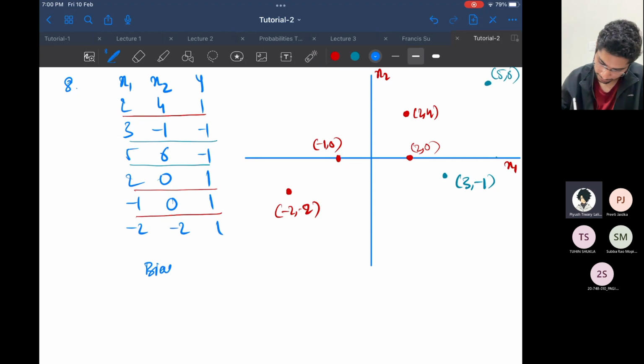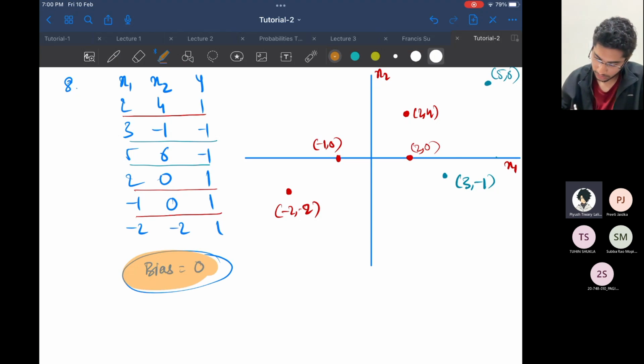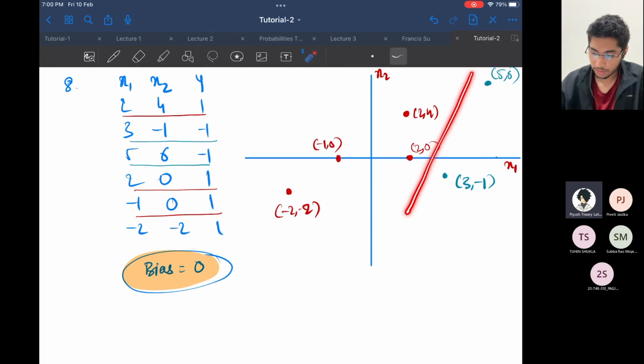This is an issue. When your bias is zero, this hyperplane that we are talking about has what bias? Bias can be seen as the point where it intercepts the y-axis, in this case the x2 axis.